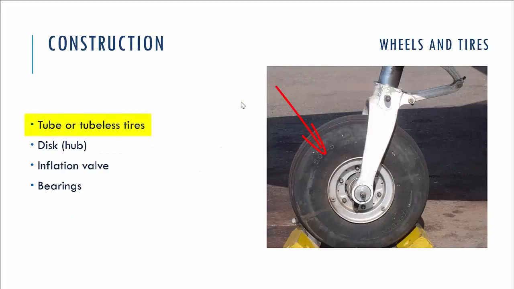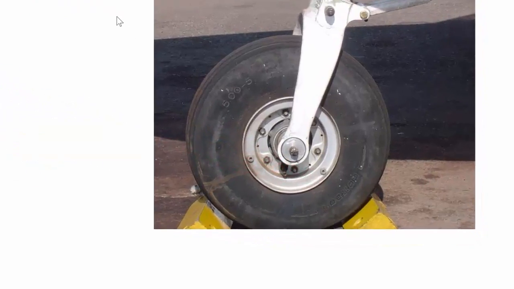It's the same as for cars. There could be a tube or tubeless tire on the wheel. The construction is very similar to the wheel of a car. We can see here the hub is usually made of magnesium or aluminum alloys to make it lighter. There is the inflation valve, which allows us to inflate the tire and check the pressure inside of it.